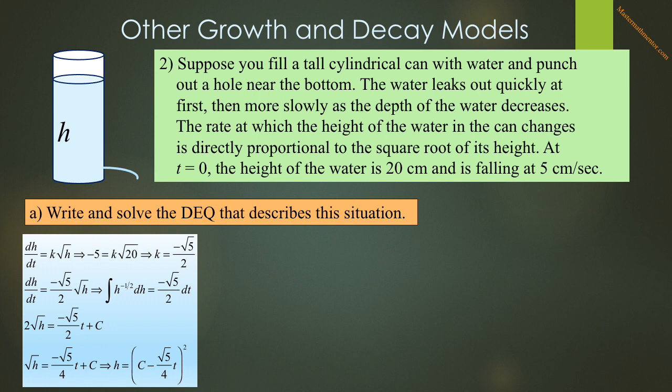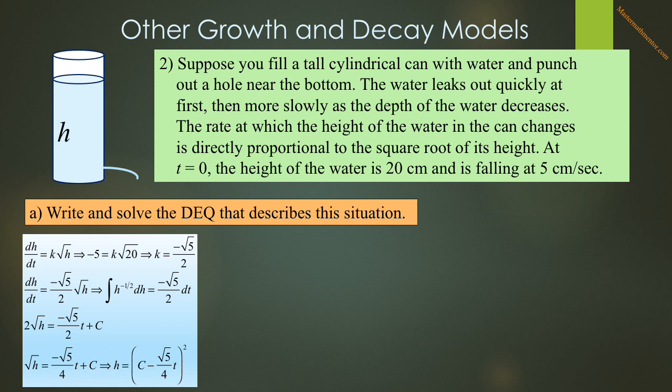This is a separable differential equation, and we get that the integral of h to the negative 1/2 dh is equal to negative square root of 5 over 2 dt. We can now integrate, getting 2 square root of h is equal to negative square root of 5 over 2 t plus c.